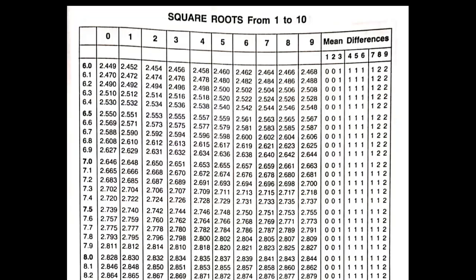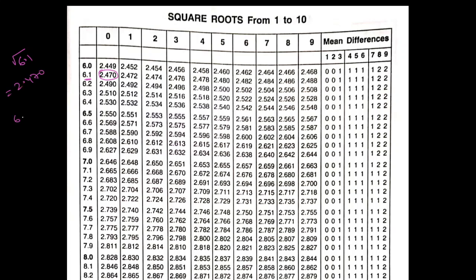Let's take a glance at values between 1 and 10. Suppose if I had to find something here. So if I had to find the value of square root, which table is this? Suppose if I had to find the value for square root of 6.1, I can directly take it from here. 6.1 is here. Square root of that will be 2.470, and the remaining procedure.